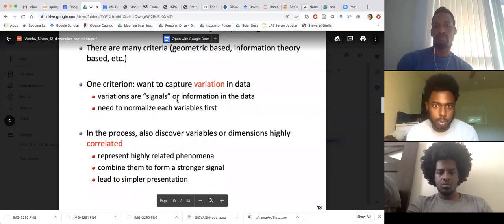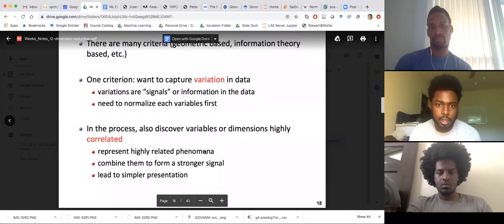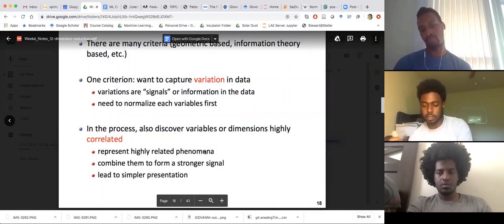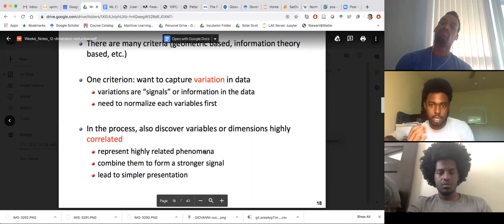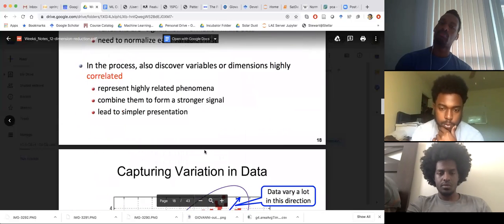We can look for signals, information in the data, but there are things we need to do before we can directly use it. So we need to normalize. And by doing this process, this gets to the second part, the part I skipped over, that we can actually start to see how some of these dimensions are related. So it's going to make a little more sense as we keep going.